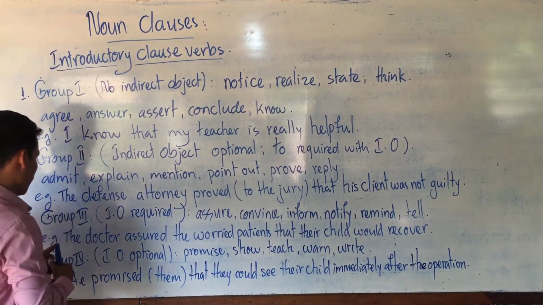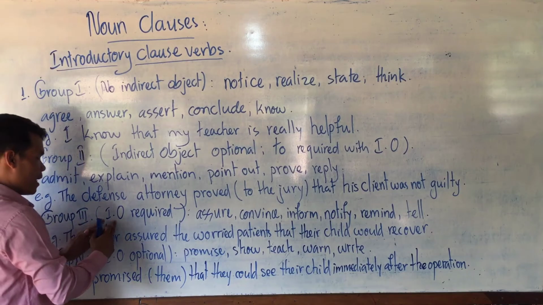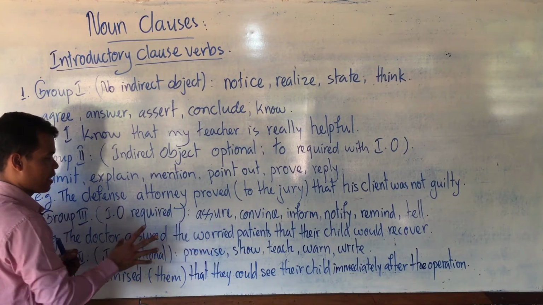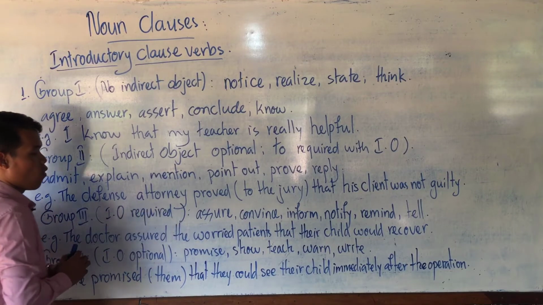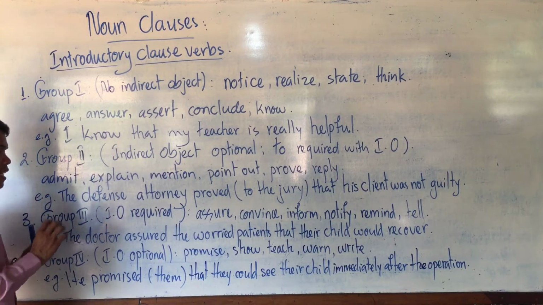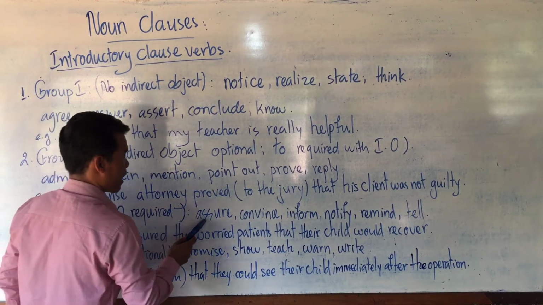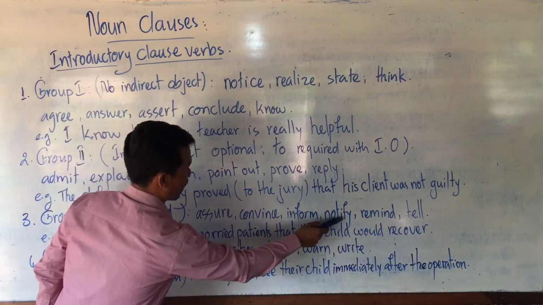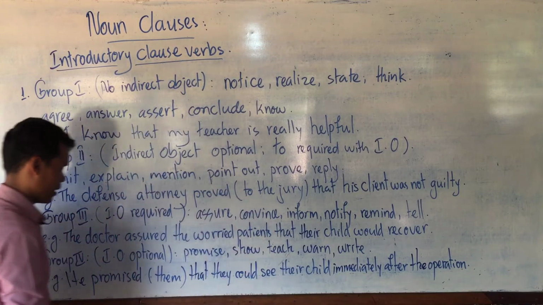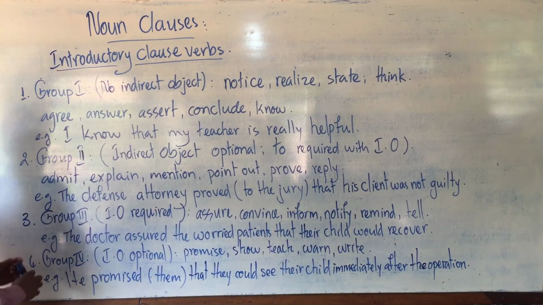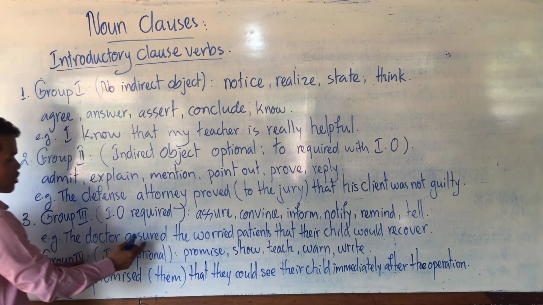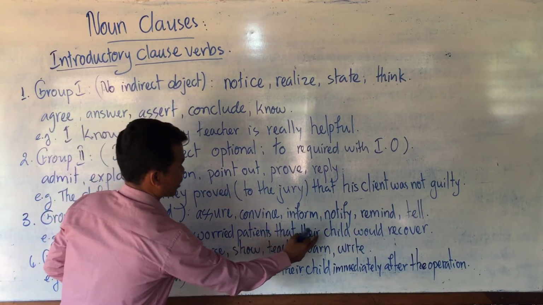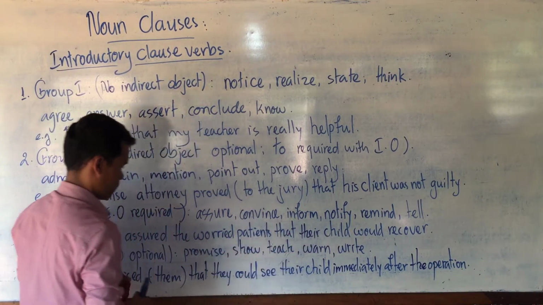Group number 3. Group number 3 means the indirect object is required, so you cannot delete the indirect object at all. What are the verbs in this group? They are assure, convince, inform, notify, remind, and tell. Look at the example. The doctor assured the worried patients that their child would recover.